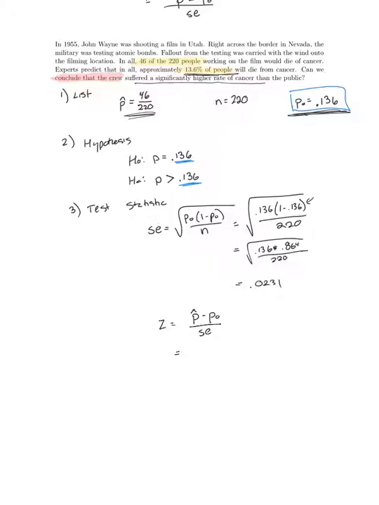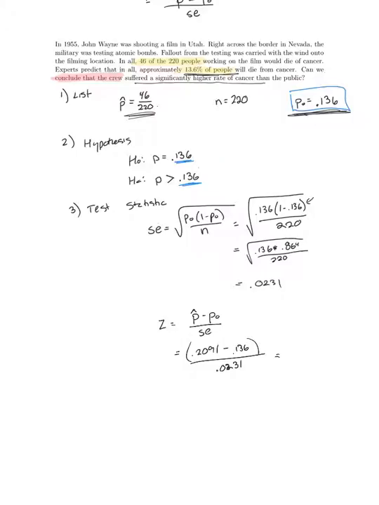If I take 46 divided by 220, I'll find out that p hat is right around 0.2091, minus p naught, which is 0.136, divided by our SE, which is 0.0231. Now, if you're going to plug this into your calculator all at once, make sure you put parentheses around the top of it. My recommendation is to simplify it first.